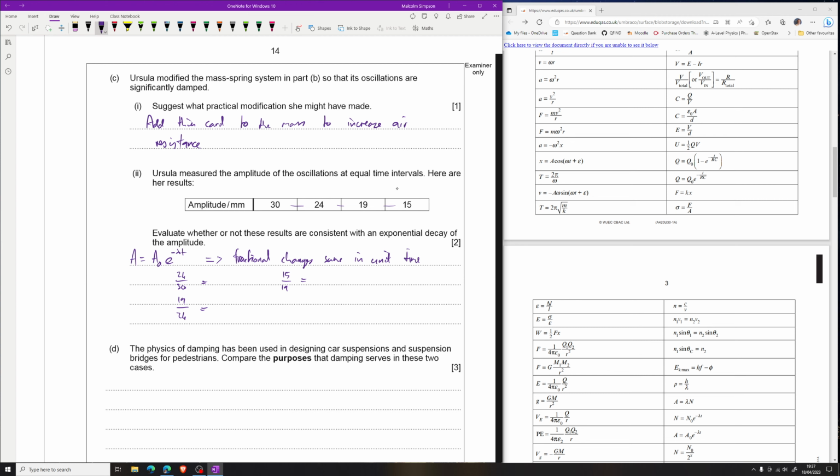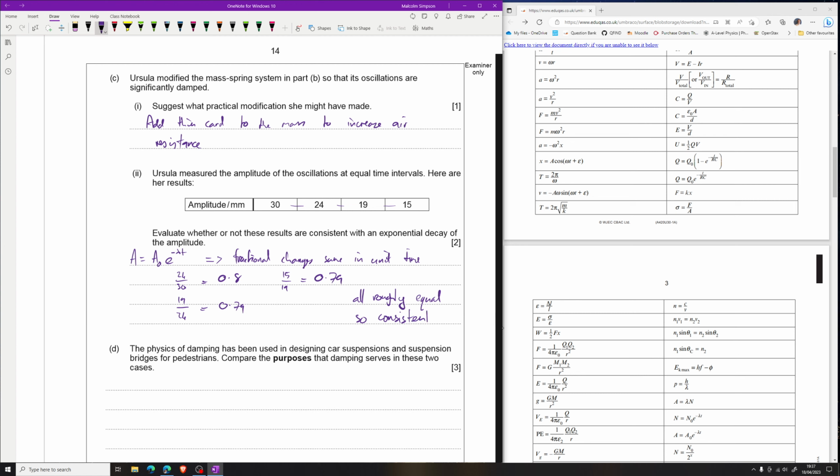So sorry, let me just chunk those into the calculator. 0.8, 0.79, and 0.79. So yes, that is consistent with exponential decay. Just write something all roughly equal. All roughly equal, so consistent, something like that.